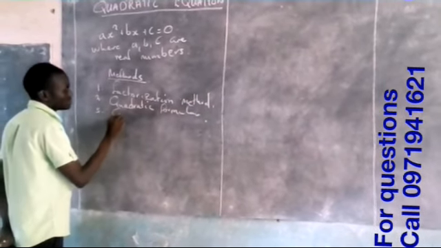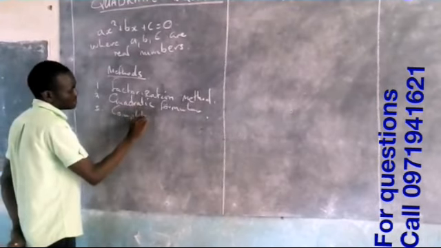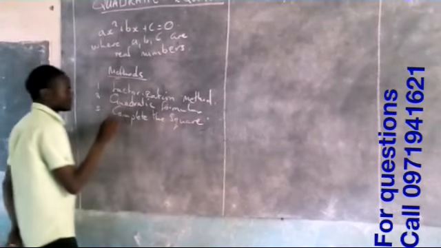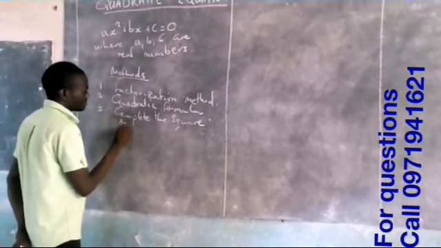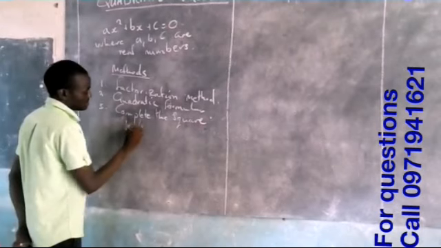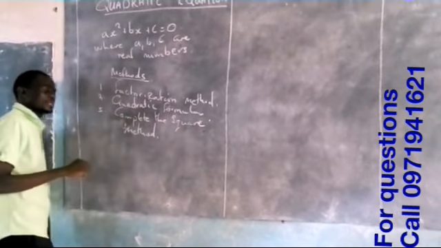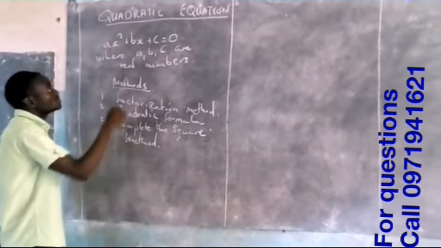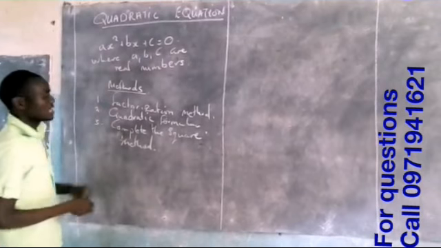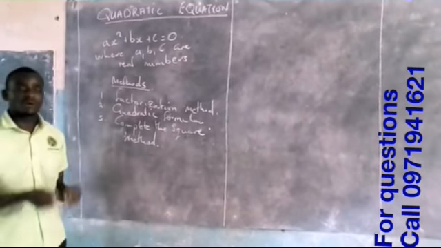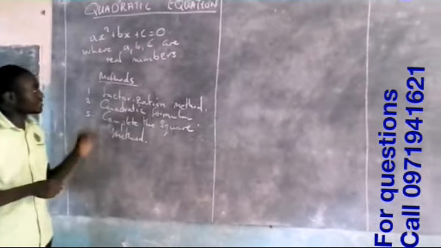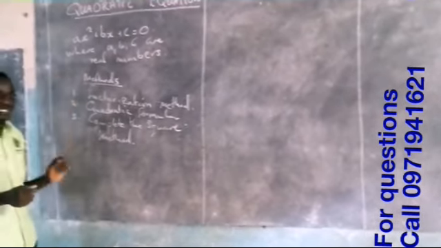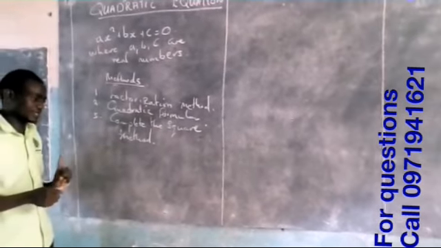Number three, you can solve it using the complete the square method. These are the three main methods you can use to solve a quadratic equation. Also bear in mind that whichever method you use, the answer is still the same.